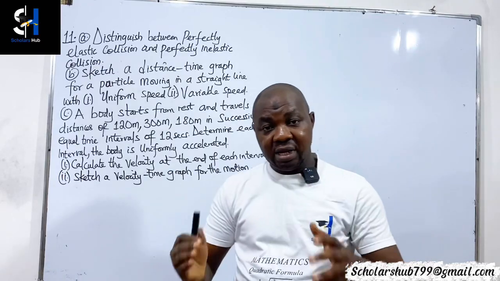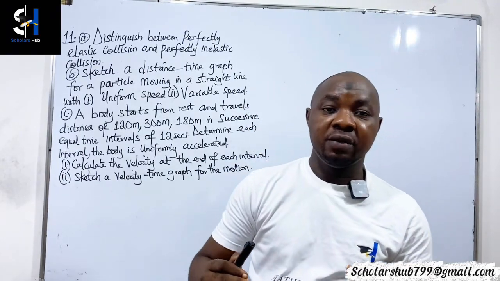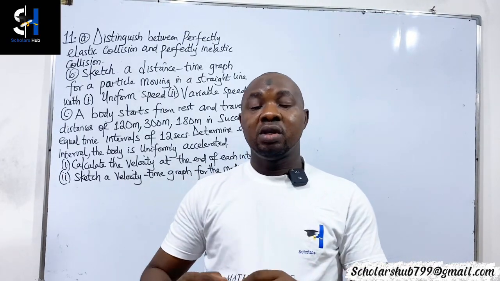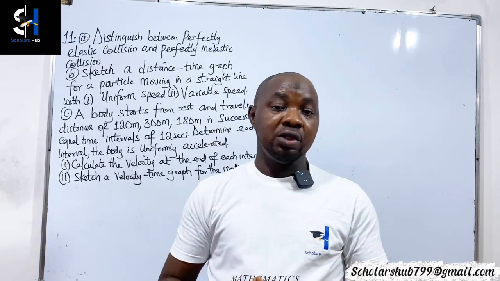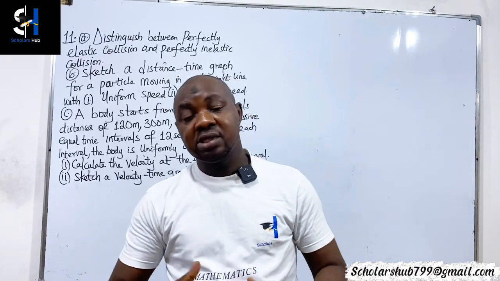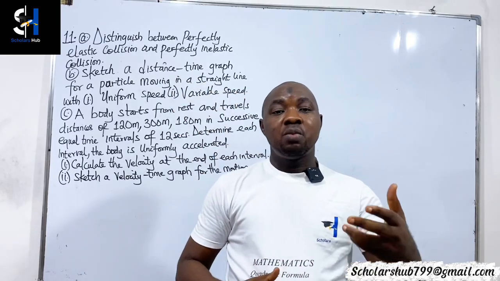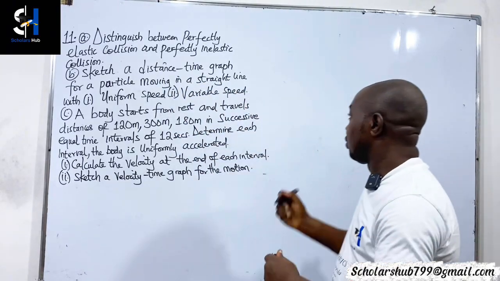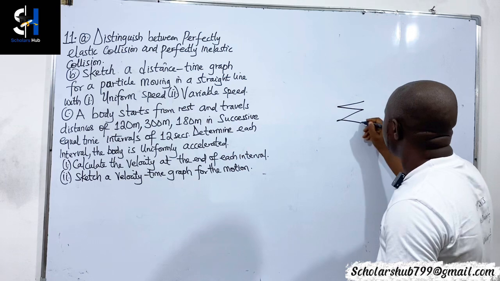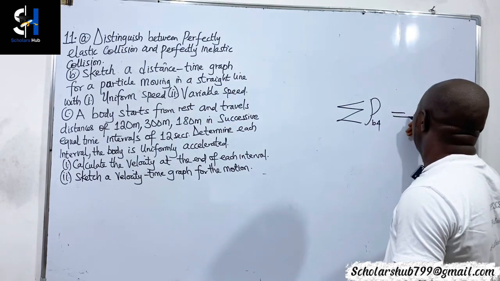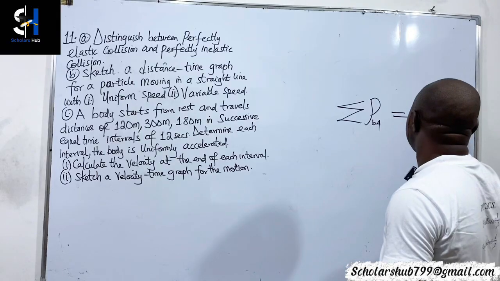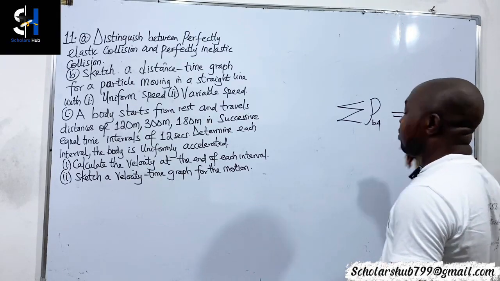It is perfectly elastic collision when we have the collision in which kinetic energy and momentum are conserved. That is the case where we have the total momentum before impact equals the total momentum after impact.